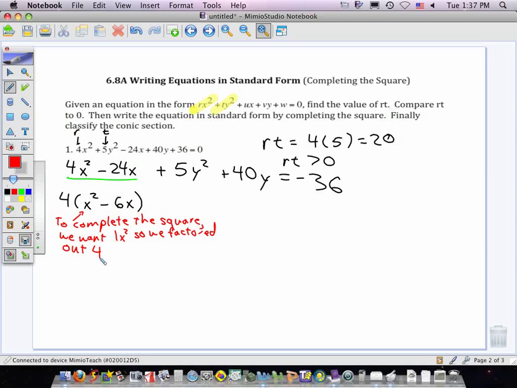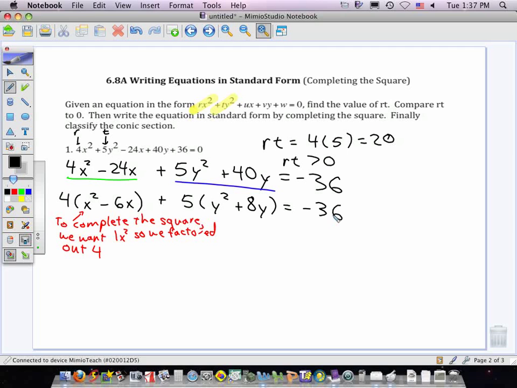So like here, 5y squared plus 40y, what are you going to factor out of those two? The 5, right? Because we want 1y squared. So if we factor out 5, it's 5 times y squared plus 8y equals negative 36.